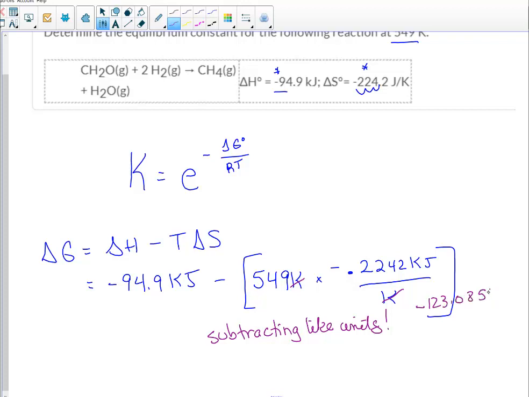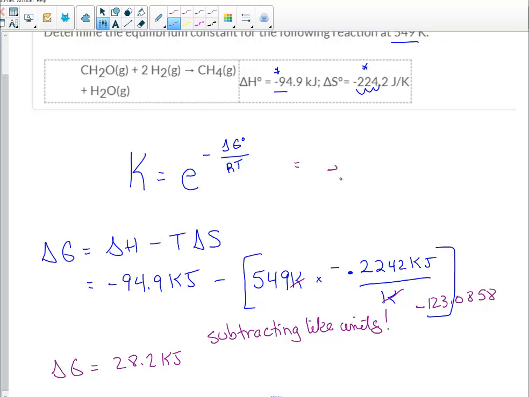Did you find that on your screen? And then I'm going to say negative 94.9 minus that answer, and we get a positive 28.1859. Let me just round that. 28 point, we better have one decimal place, so I'm going to say 28.2. Okay, so there we found delta G finally.